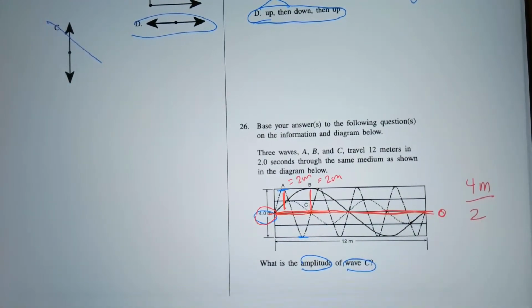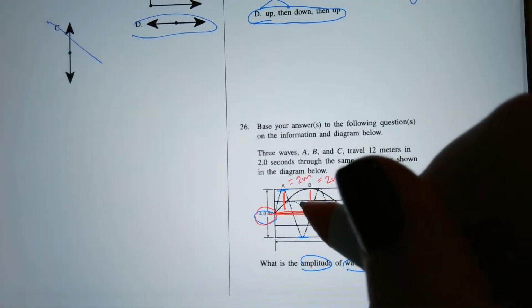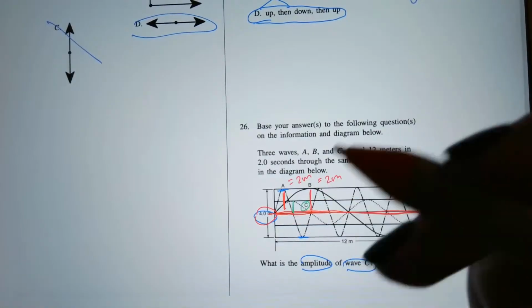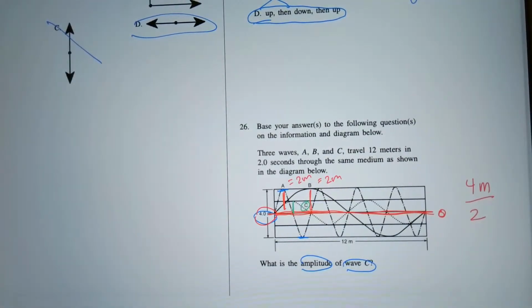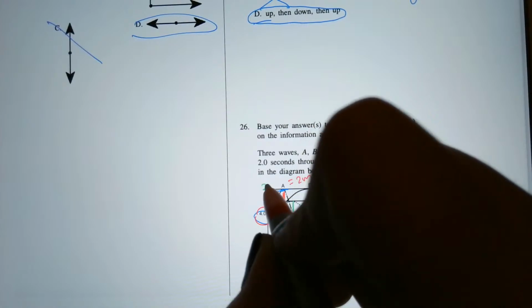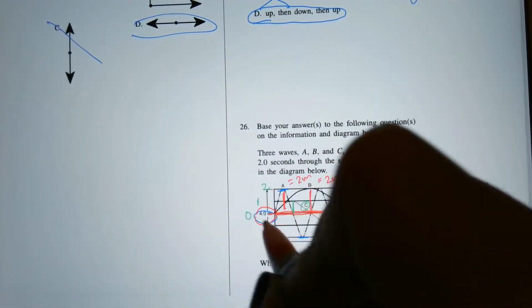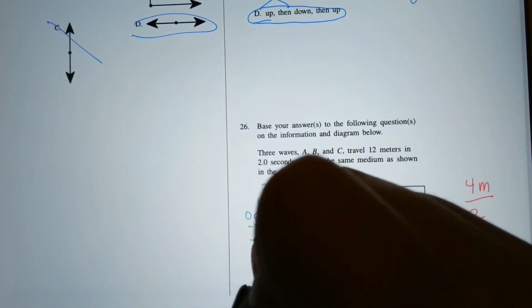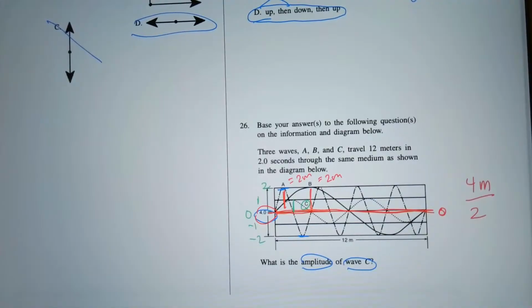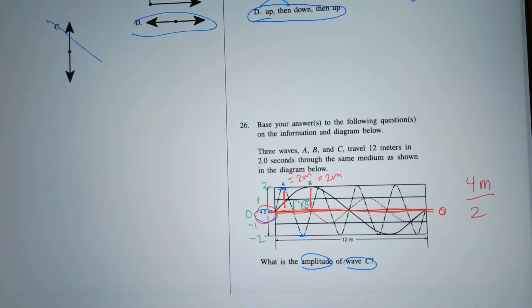Then if we look at C, C is this wave right here. That's just one meter, because this would be 2, 1, 0, -1, -2. Again, when we put those minuses, it's not because we're saying that's a negative distance. We're just treating it like a graph, that's all. So the amplitude of C is going to be 1 meter.